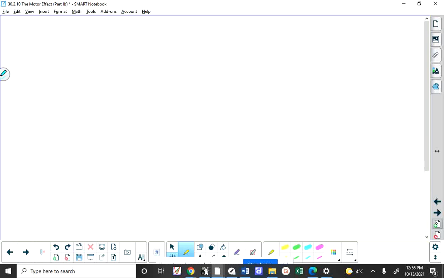Let's take a top-down view of the room. Okay, so this is the room that they're in. This is a top-down view. And I said the magnetic field was towards the floor. So how do we write that? Towards the floor would be in.